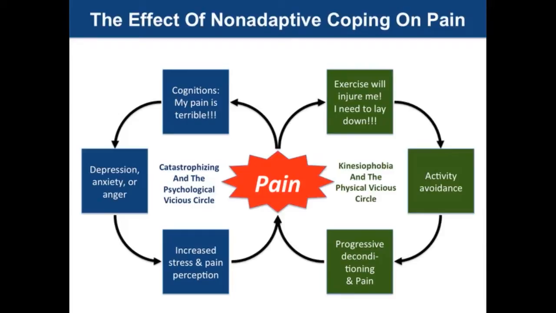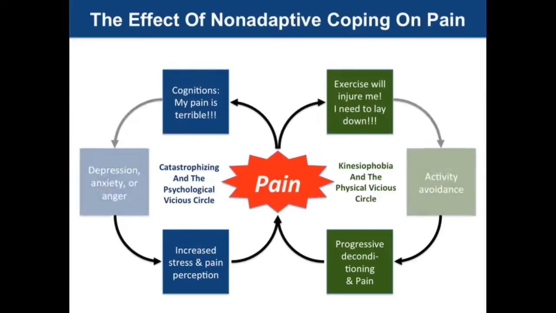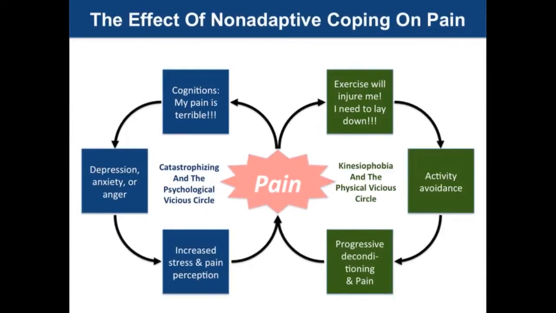Now you can look at these separately, or actually you can think about both of these things happening in tandem, where it's possible a person can both be catastrophizing about how bad their pain is, which increases their distress and pain, and using kinesiophobic cognitions to decrease activity out of irrational self-protection, and also worsening their condition. So both of these things can happen at once.